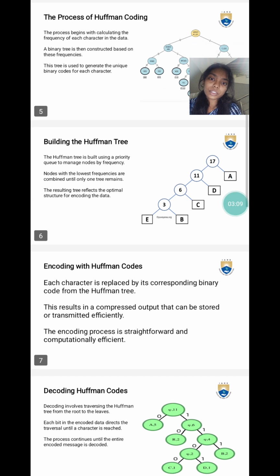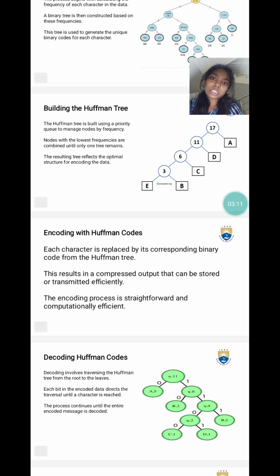Building the Huffman tree. How to build the Huffman tree? The Huffman tree is built using a priority queue to manage nodes by frequency.